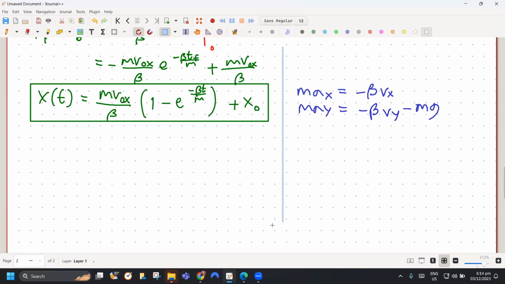And then the solution for x is x of t equals m v sub 0x over beta times 1 minus e to the minus beta t over m, plus x of 0. Okay, now I'll share.